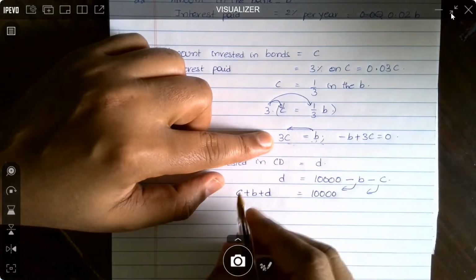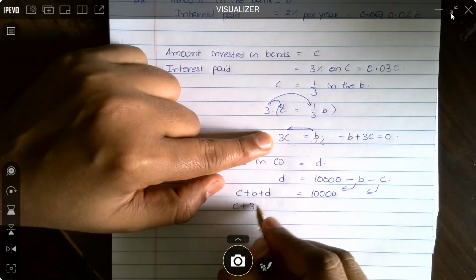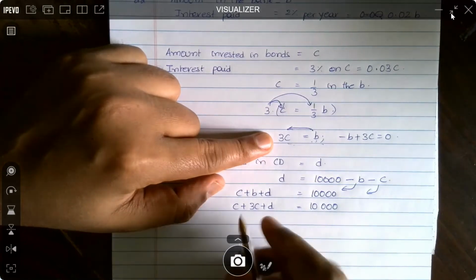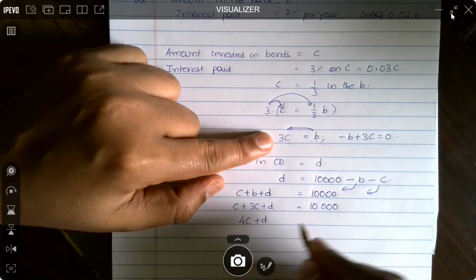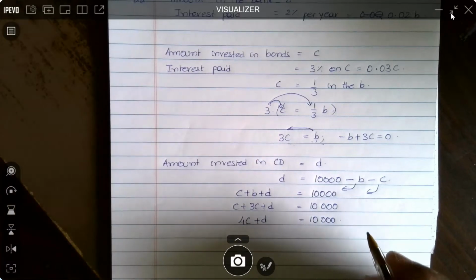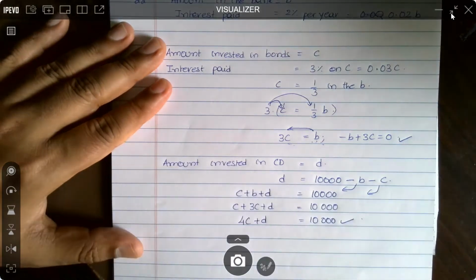So we get C plus 3C plus D equals 10,000, so that's 4C plus D equals 10,000. Equation 1 is this, and equation 2 is that.